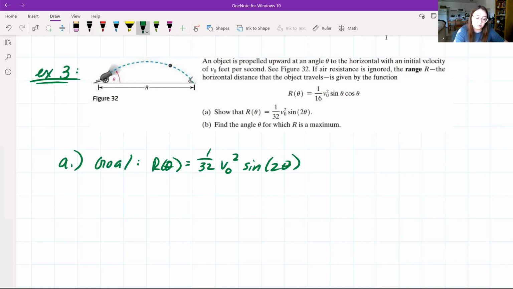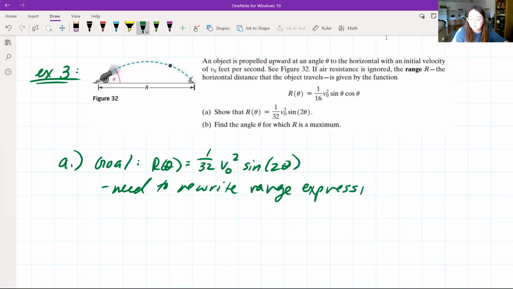So what we can do is rewrite the range expression with sine of 2 theta equal to 2 sine of theta cosine of theta in order to get this equation.